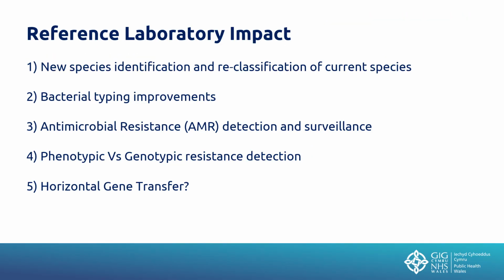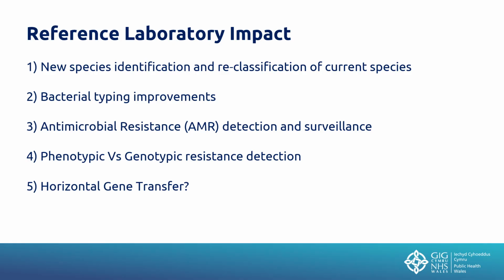Moving on to the impact on us as a reference unit. I'm summarising these in 5 different areas. So the first area I'll cover is new species identification and reclassification of current species as well. And then there's bacterial typing improvements, some of which have impacted us hugely in the Anaerobe Reference Unit.